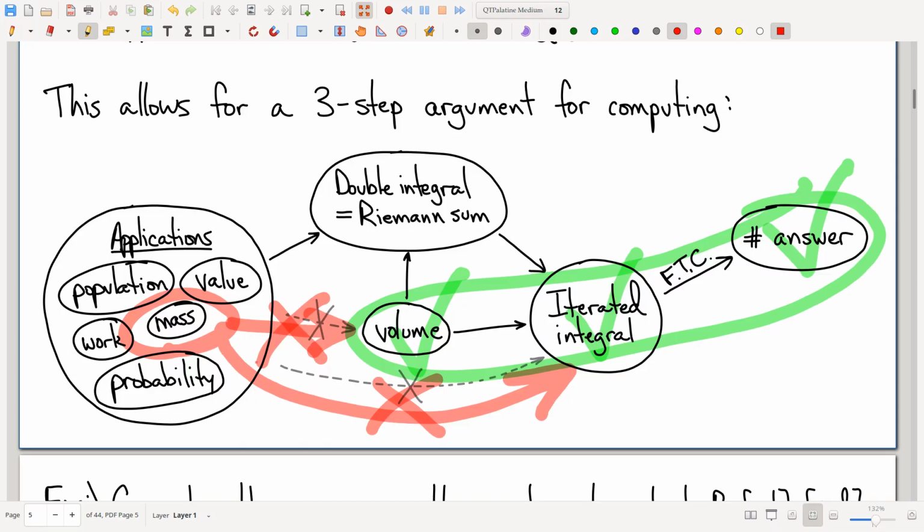Okay, so we just seconds ago made this seemingly pointless connection that volume could be computed with a double integral. And then we reminded ourselves that volume is also computed with iterated integrals, and then we concluded, therefore, that double integrals are equal to iterated integrals.